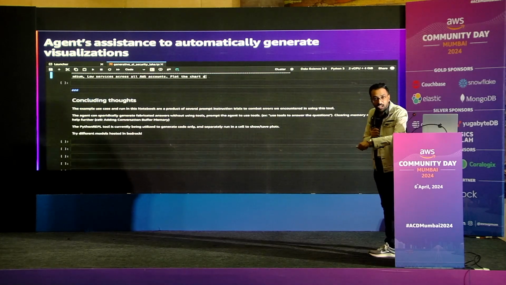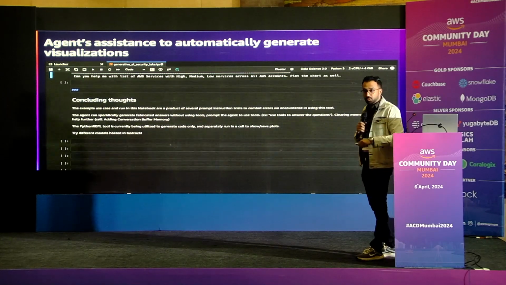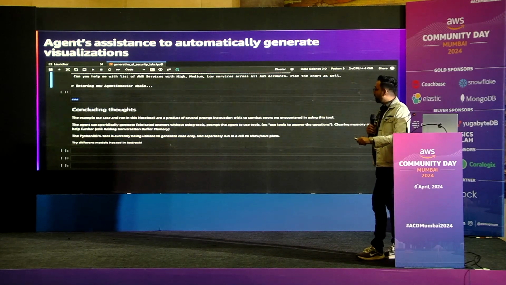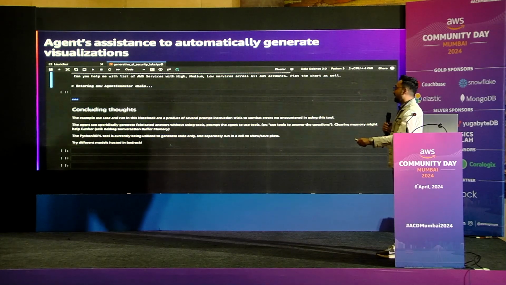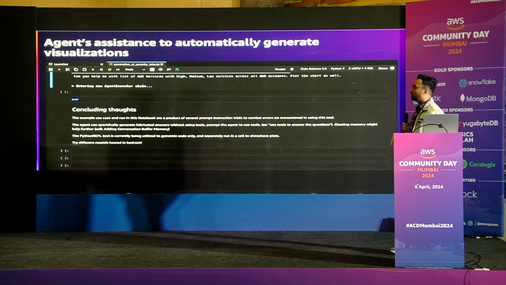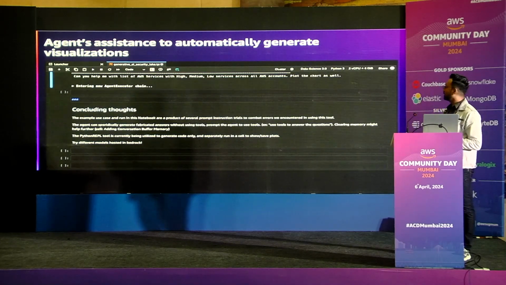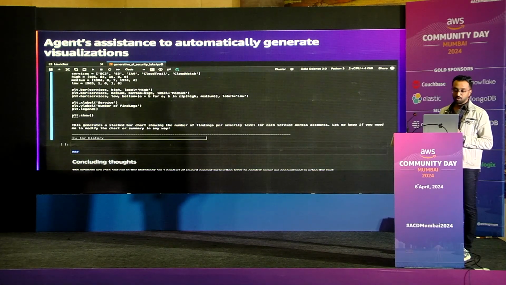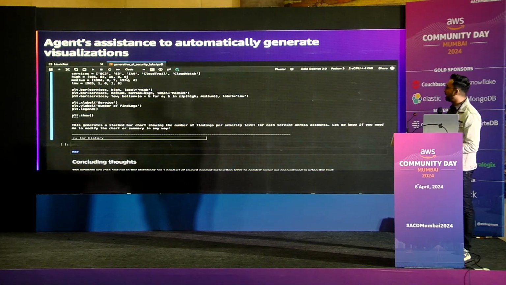I'm saying plot the chart as well once you have that data, and it's going to do that for me. So it's executing the agent, which I talked about. And then, slowly, it's going to print it on the screen.